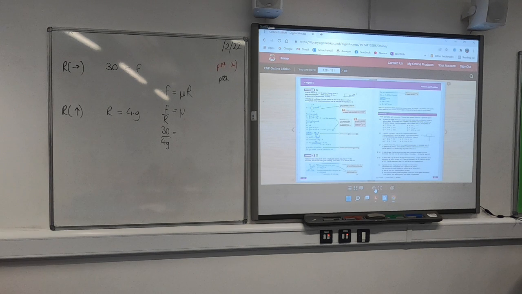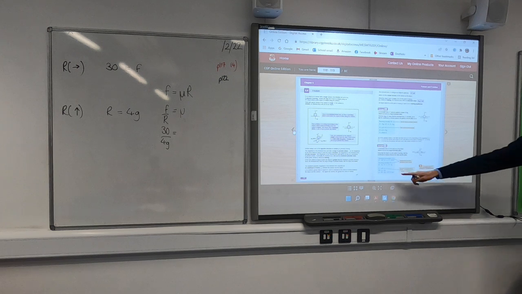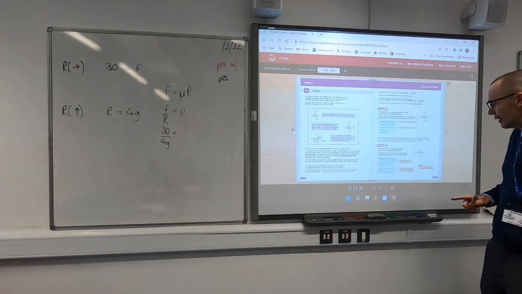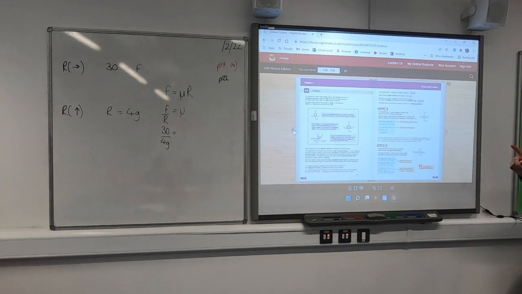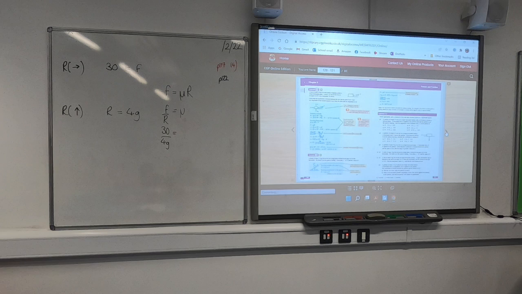You don't need to worry about simplifying. You would work out the answer and round it. So you should get 0.77 to two significant figures. I don't know what it is to three significant figures because they haven't done that.